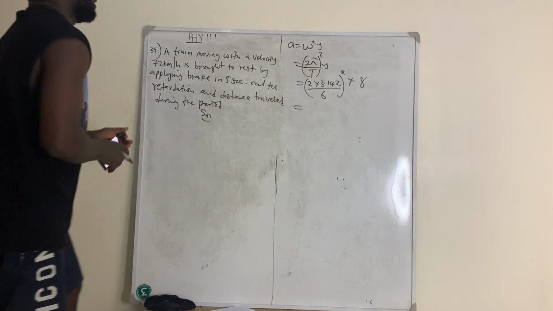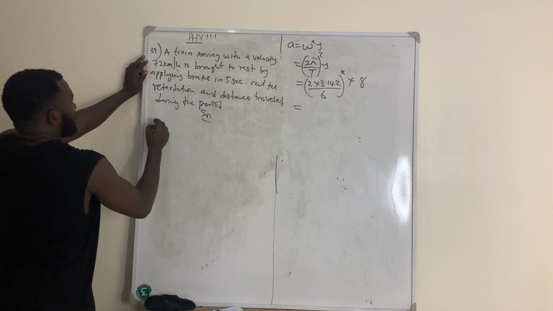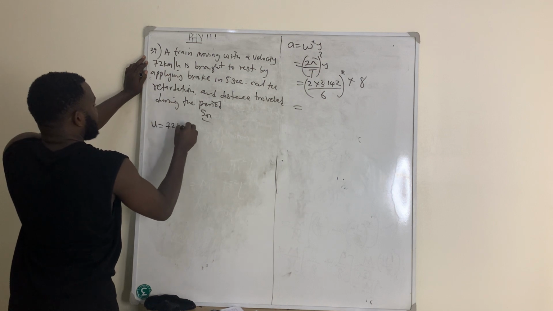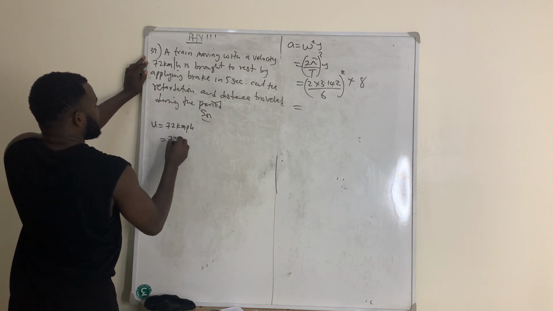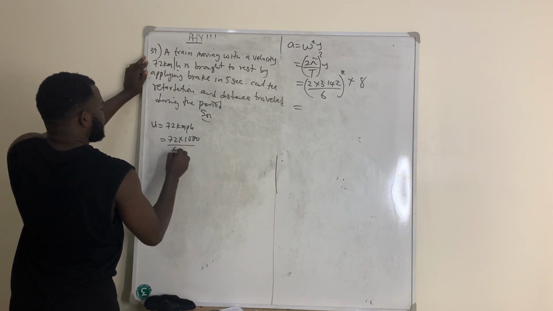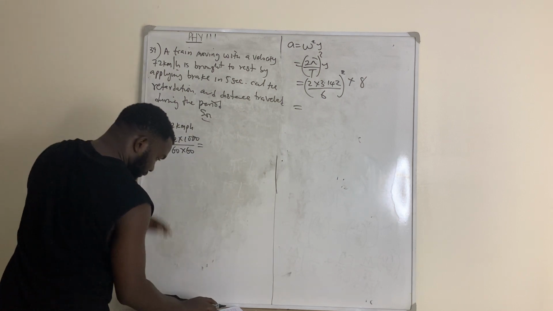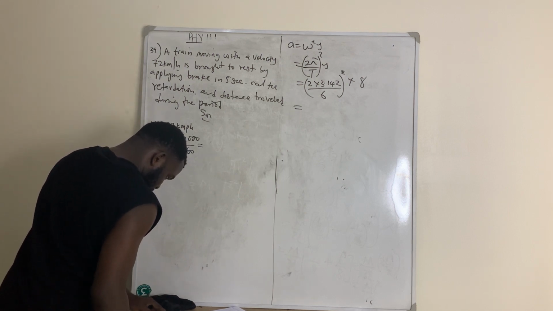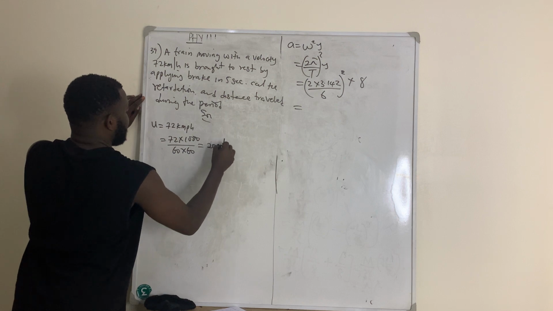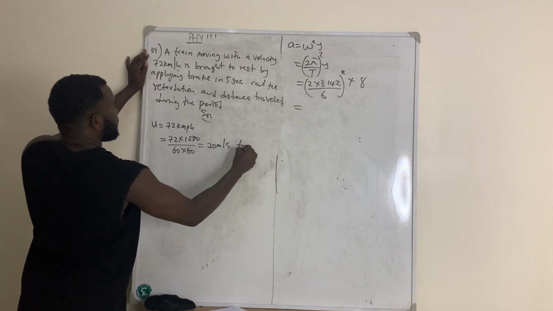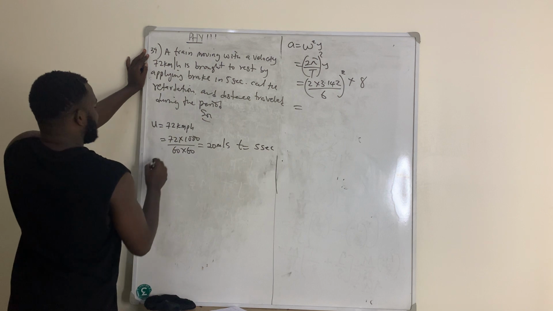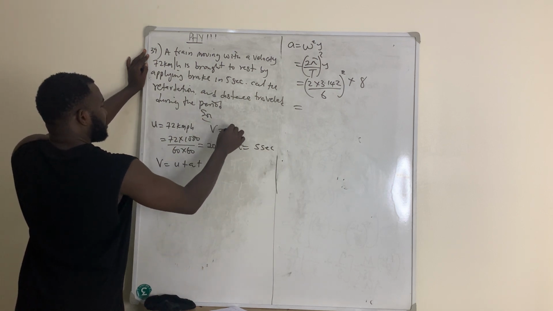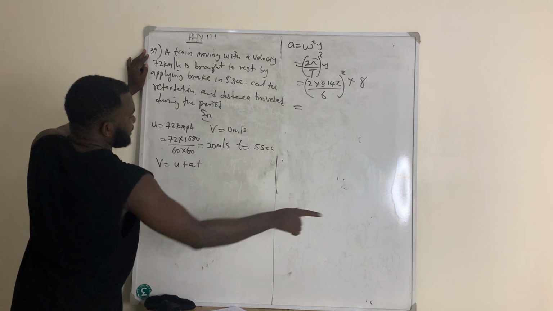Okay, solution. Now the first thing they gave us is our initial velocity, 72 kilometer per hour, which is 72 times 1000 divided by 60 times 60. If you do that, it will give you 20 meter per second. The next thing they gave us is time, 5 seconds. I know that v is equal to u plus at, and my final velocity is 0 meter per second, because it is retarding, it's going to stop.